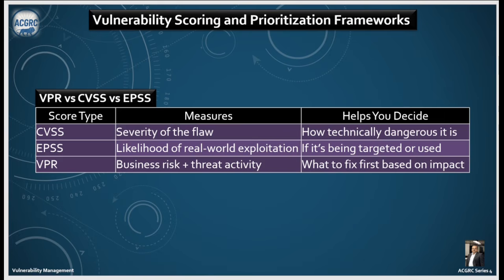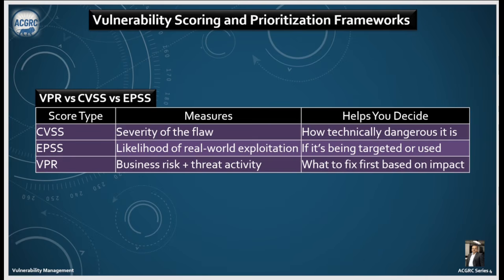But it is a customer facing payment system and it is actively being exploited. While in the first case CVSS was 9.8, in this case it is 6.5, but because it is a customer facing payment system and being exploited, the VPR in this case would be 9.1.